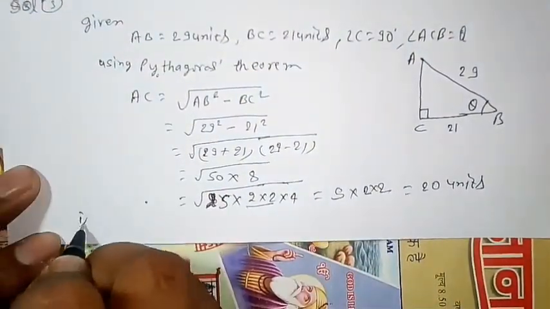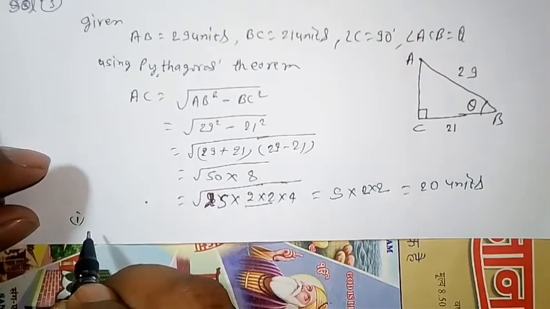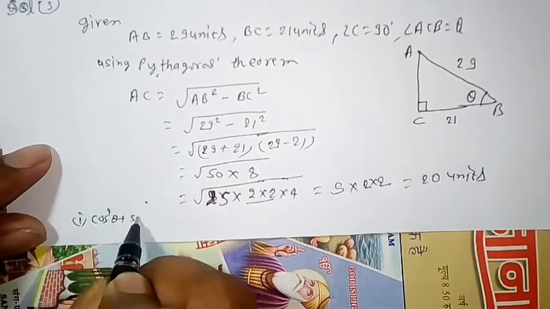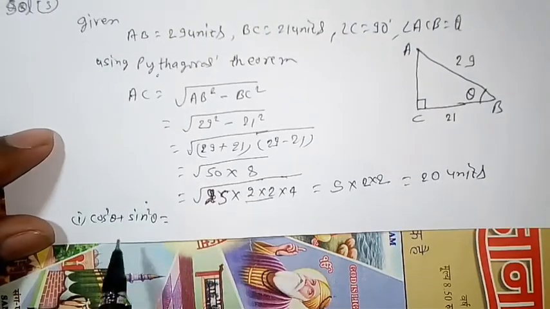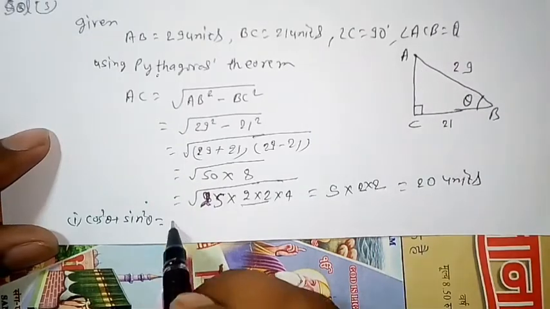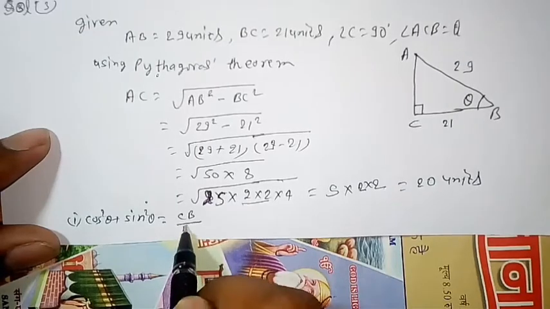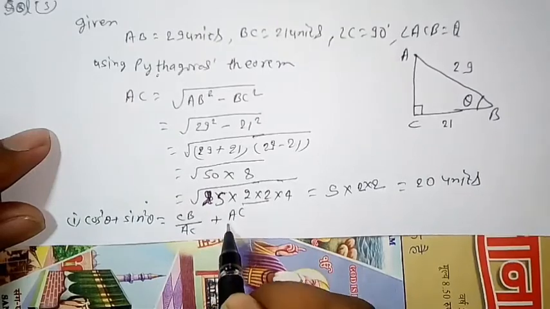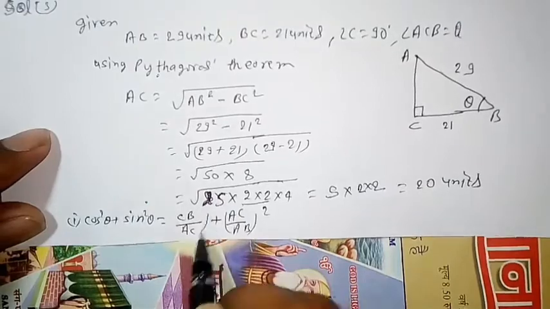So question number 1, cos square theta plus sin square theta is equal to, now cos theta is equal to base by hypotenuse. So base, it means CB by AB, plus perpendicular by hypotenuse, sin square theta, so AC by AB, the whole square.